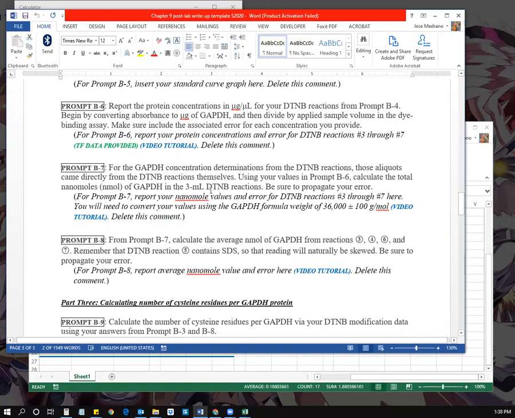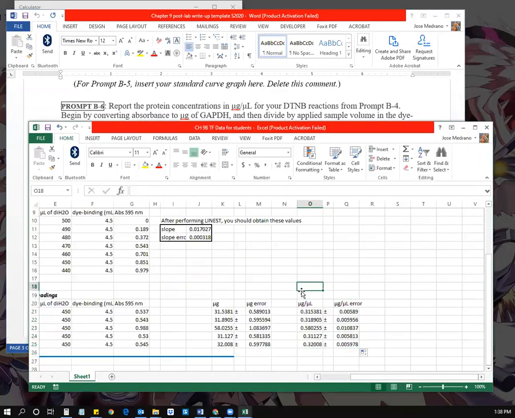So if you know the concentration of those 3 mL DTNB reactions and you know the volume, then you can figure out what the total mass is and convert that total mass to moles. That is essentially the essence of prompt B7. So we'll start from our answers from prompt B6.